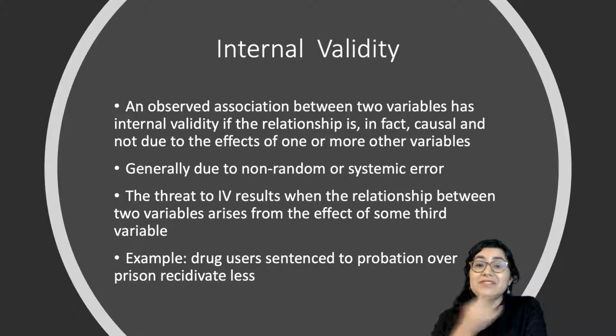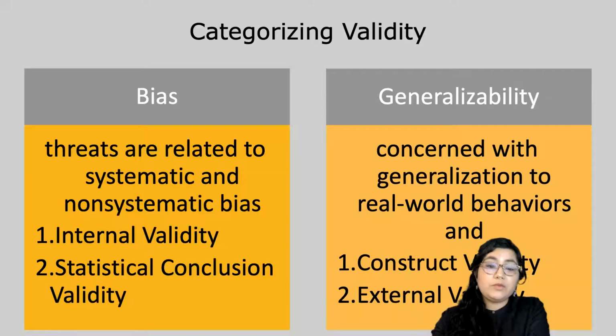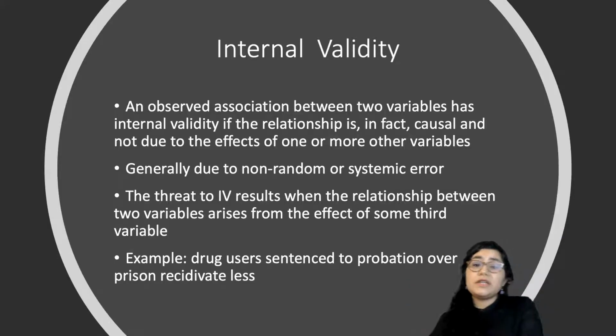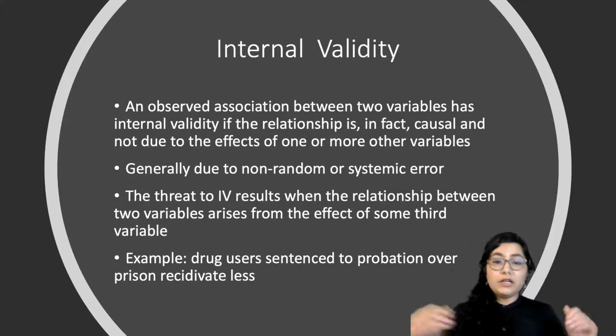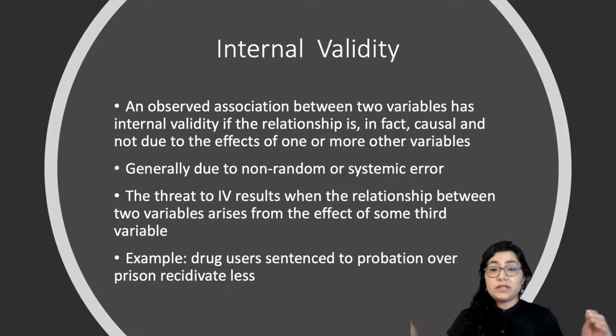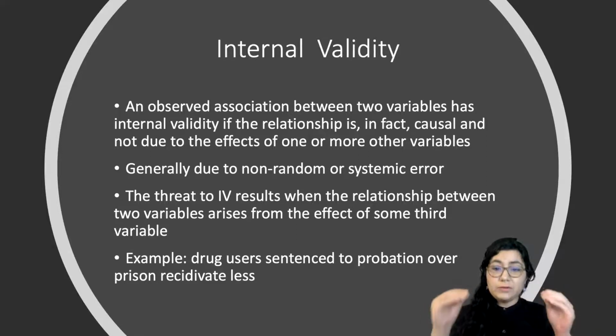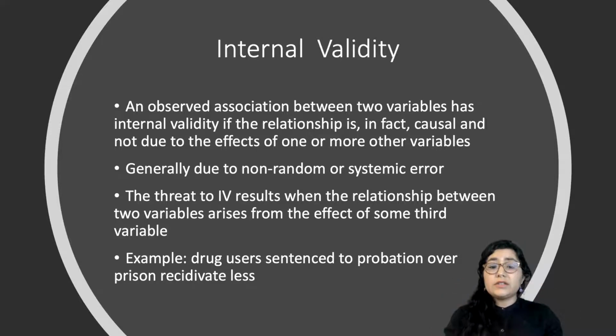So first we're going to get into internal validity, and recall, we're first going to talk about bias, and then we're going to get into generalizability. Internal validity is when the relationship between two variables is actually from those two variables and not due to random or systematic error. Threats occur when these two variables arise from some other third thing, like I said prior, a confounder.